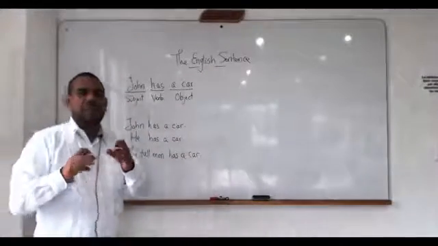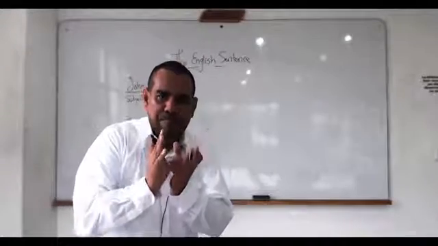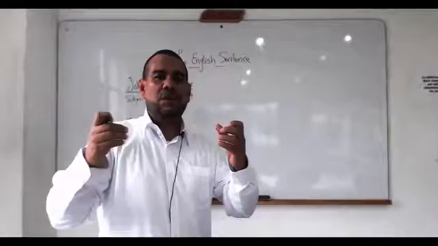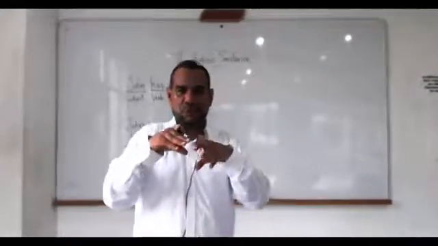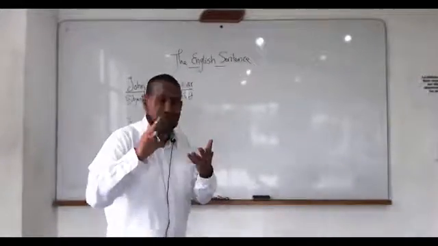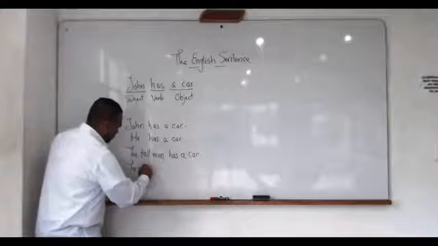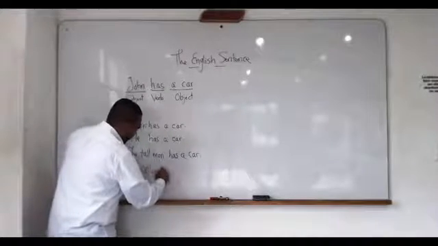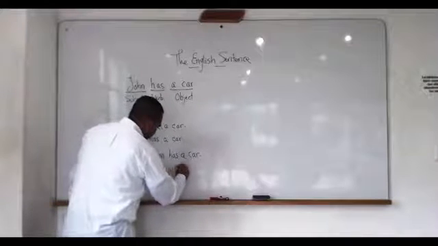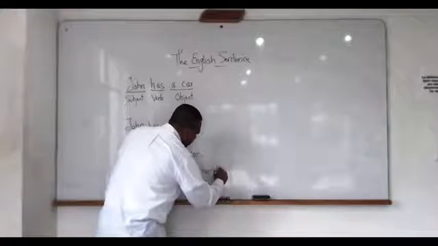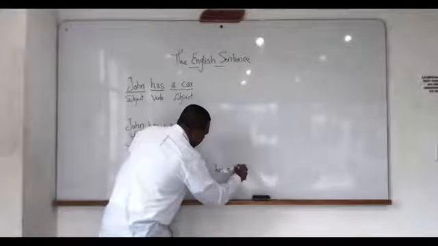Or even we can have a more complex structure that even can include one preposition, and in that case, one prepositional phrase can become essential part of the subject. Look at this. The tall man with black hair has a car.